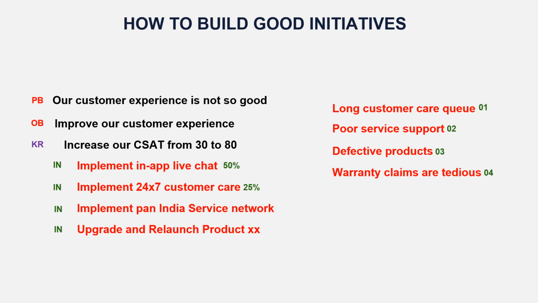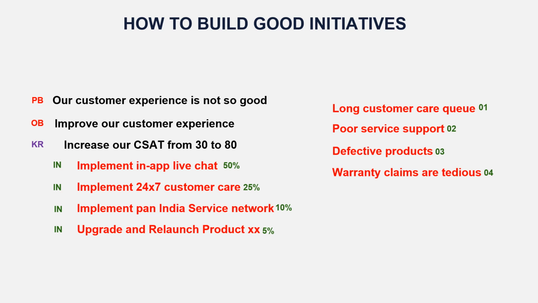Initiative 2 is contributing to the success of the KR at the rate of 25%. Initiative 3 contributes only 10%. Initiative 4 may contribute only at a 5% rate, which means after completion of only initiative 4, it could lead to only 5% improvement from the score of 30. They may reach maybe 32, 33, 34, or 35, right?